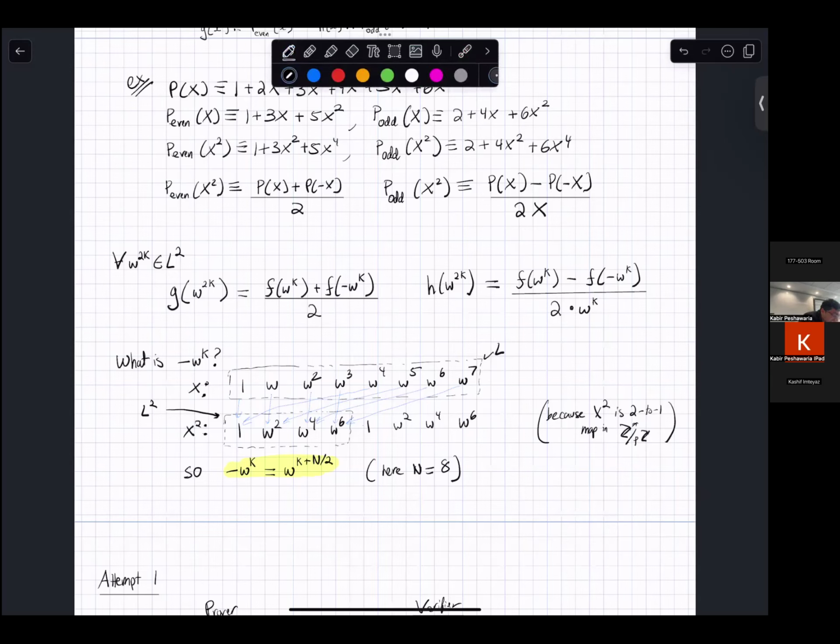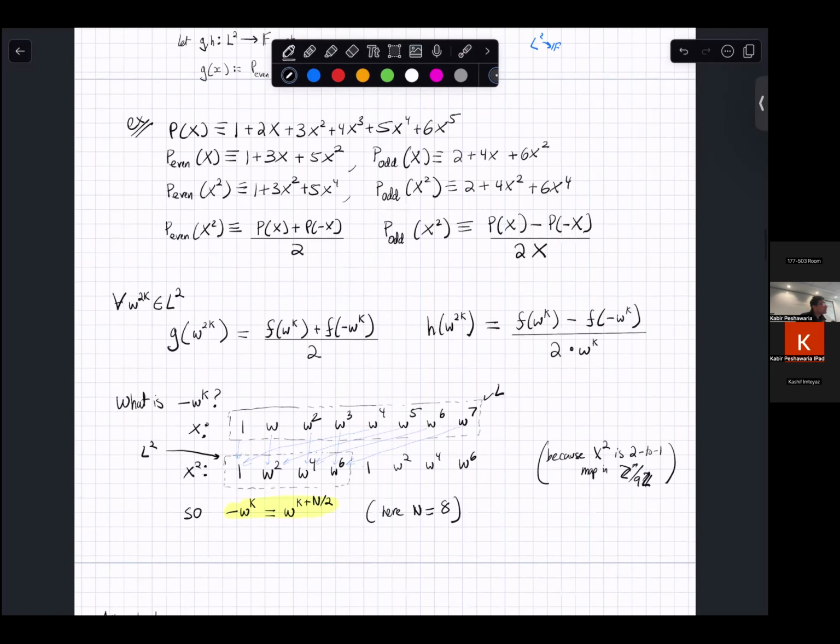It's just a collapsing or folding in half. If you've seen a fold, it's basically that. Not folding like recursion, but collapsing literally, like 8th roots of unity to 4th roots of unity. Exactly, that's what's going on here.